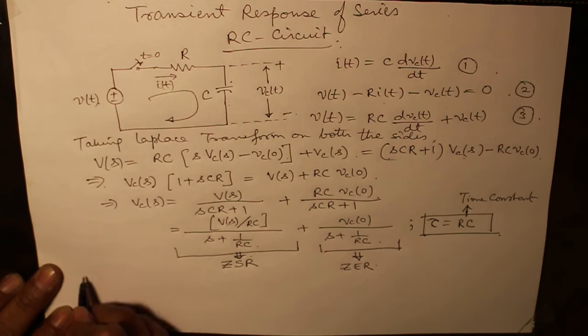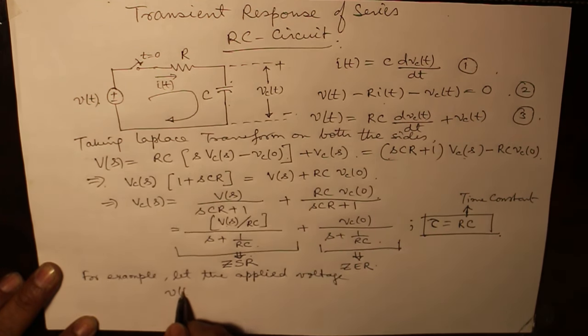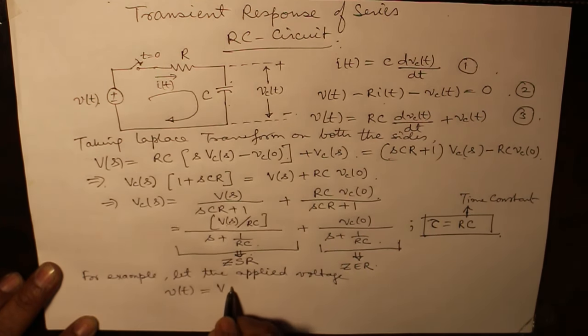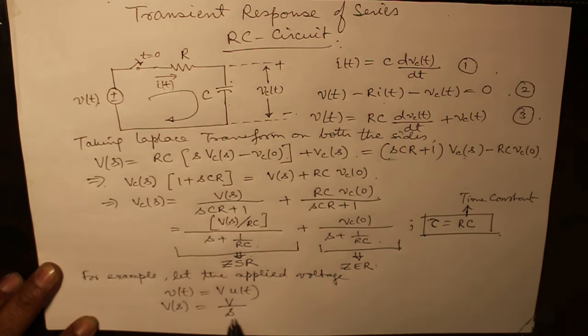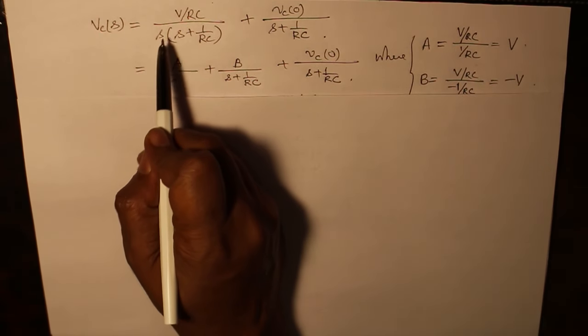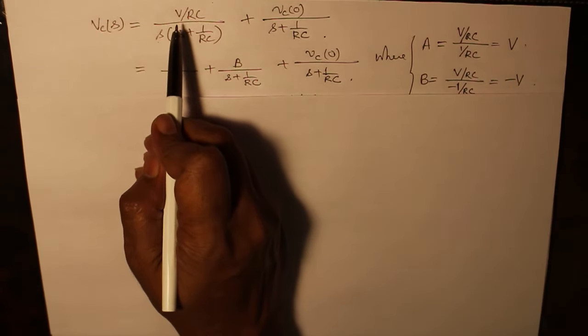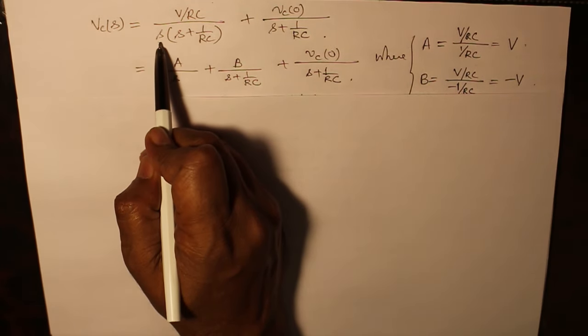As for example, vT is a DC voltage, V u(t), such that its Laplace transform is equal to V over s. So when we put the value, V over s comes in the denominator and V over RC is in the numerator, and we can take the partial fraction.